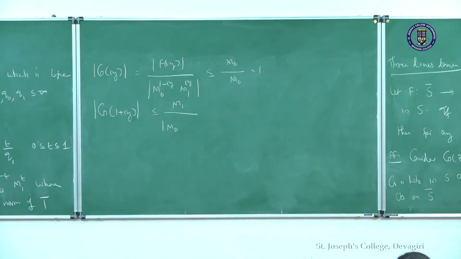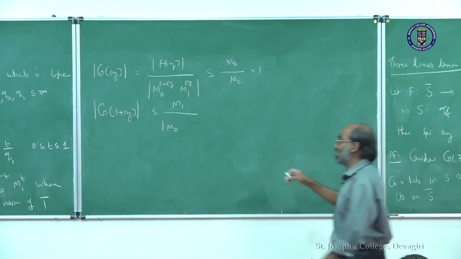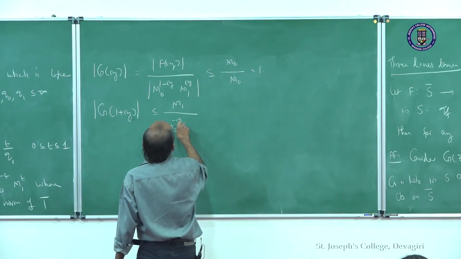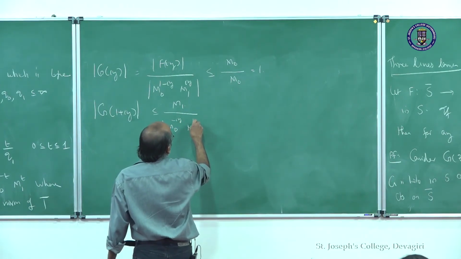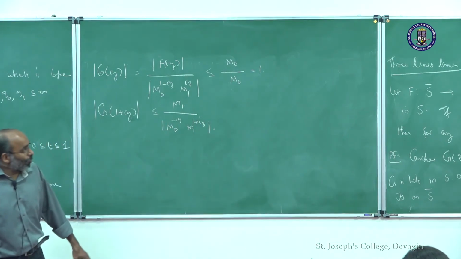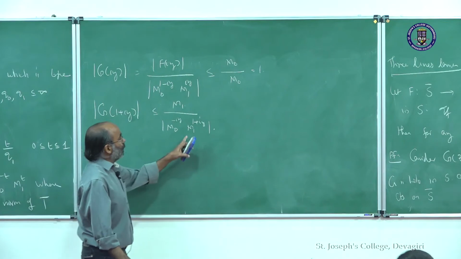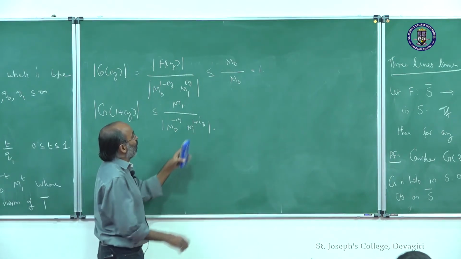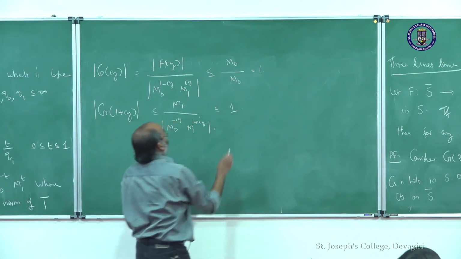Any point here is 1 plus iy, so 1 minus (1 plus iy) gives me minus iy, and m1 to the 1 plus iy. For any y real, this is 1, this is 1, and I have m1 over m1.